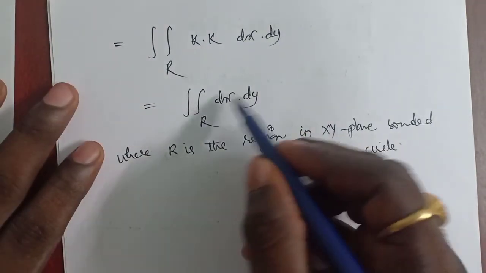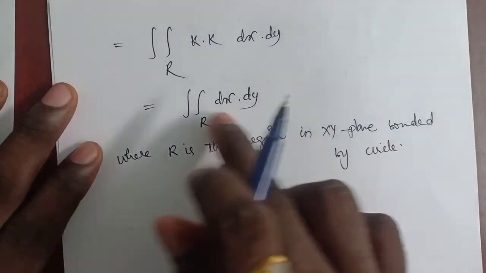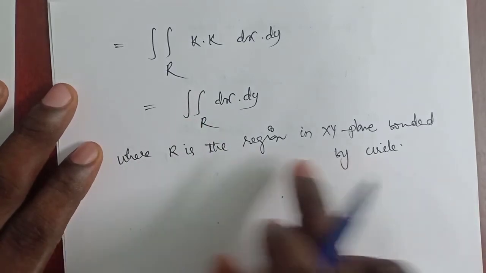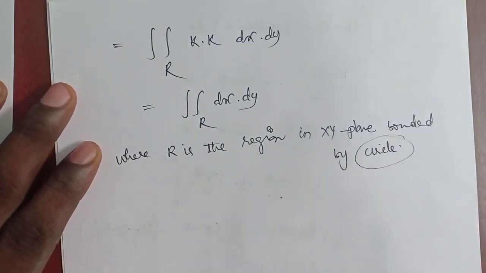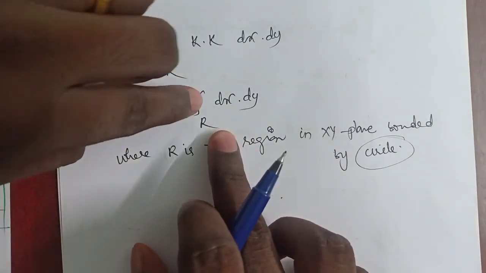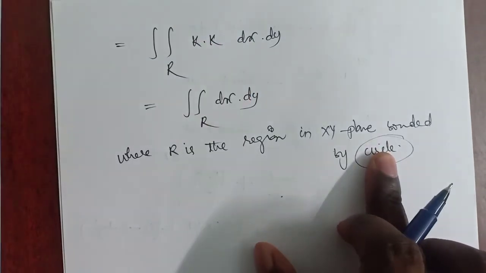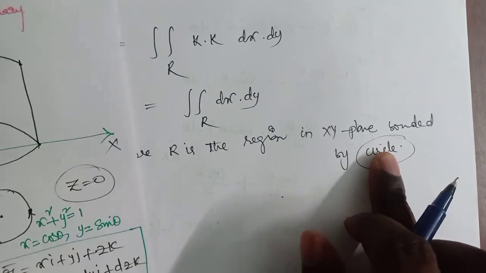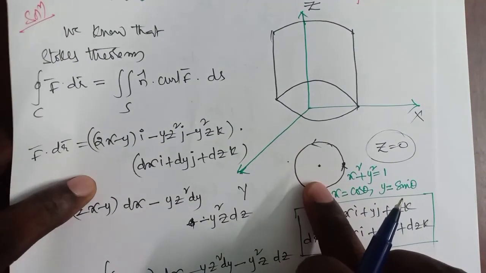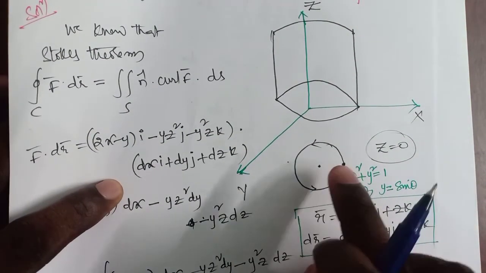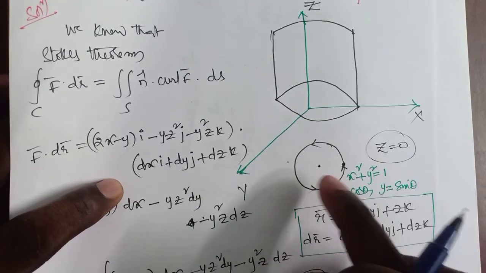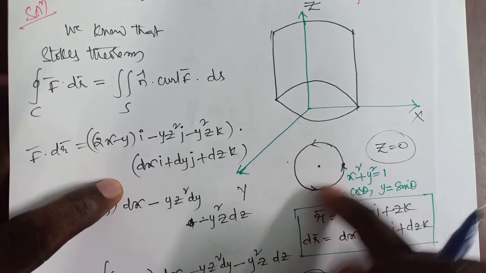So what is the surface? Here we have a circle. That means we need to find the area of the surface, means we need to find the area of the circle what we have. Why? Because this is the region over which we need to find the double integral. So which means that we need to find the area of this circle.